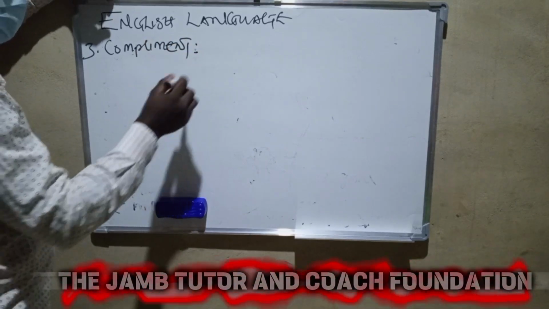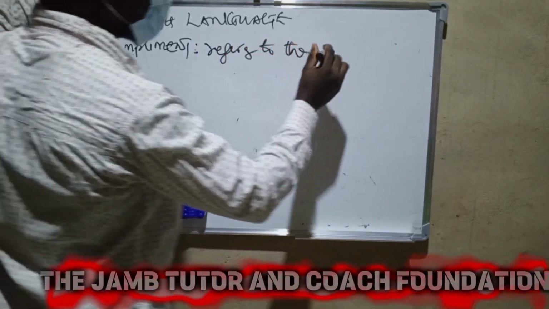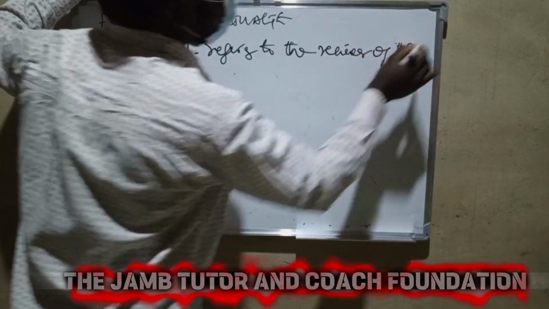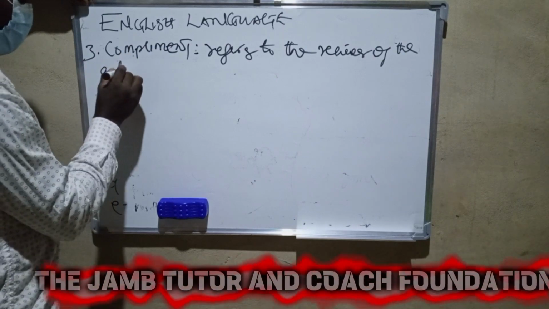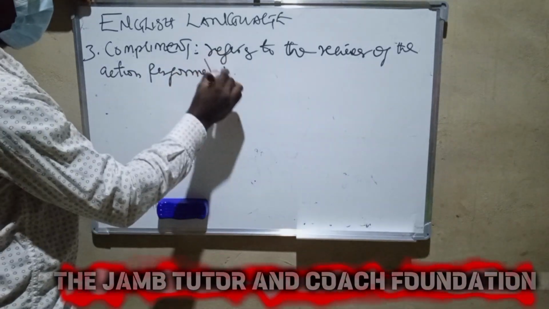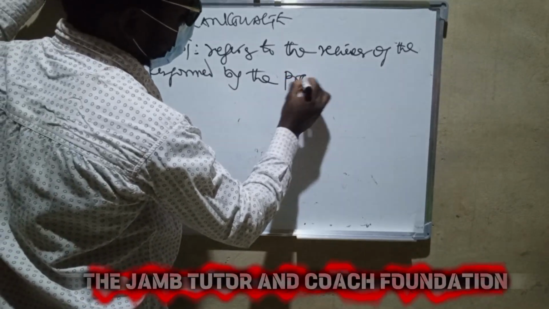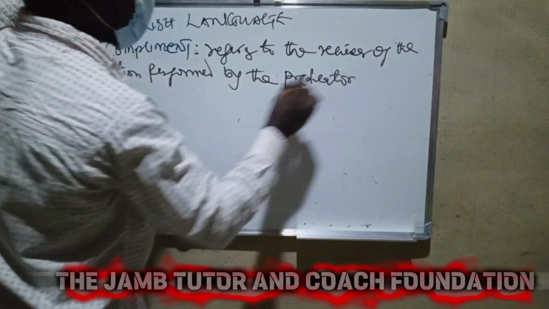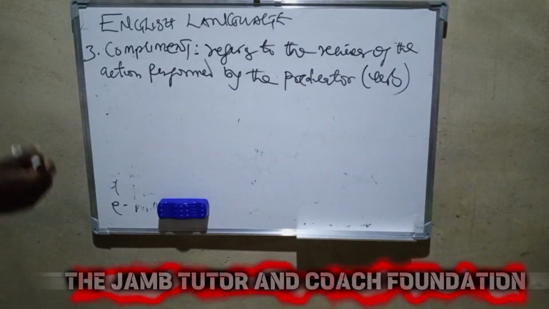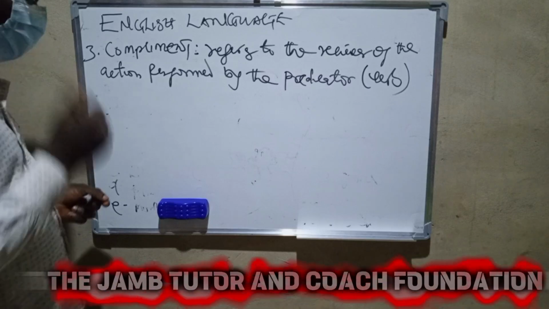The complement of a sentence refers to the receiver of the action performed by the predicator. Which is the verb, right? It is the receiver of the action performed by the verb.